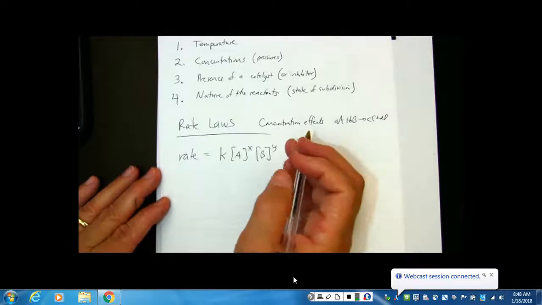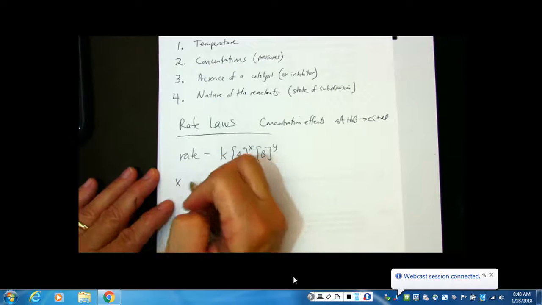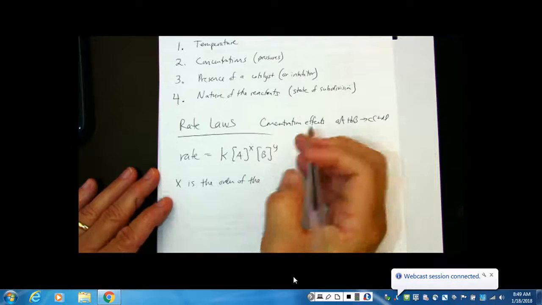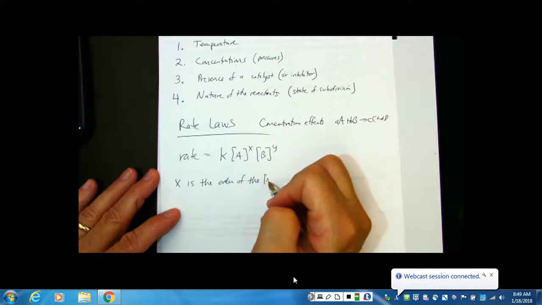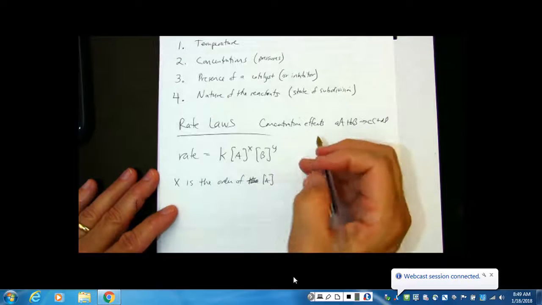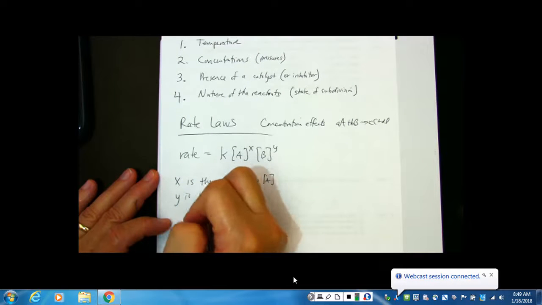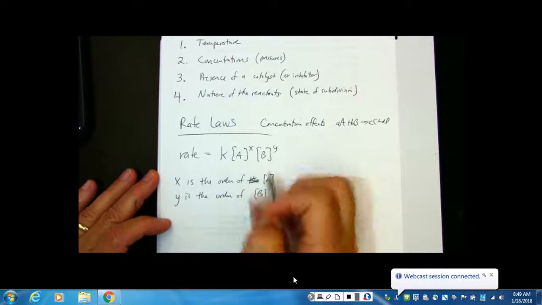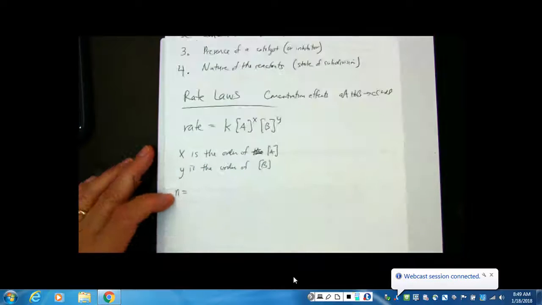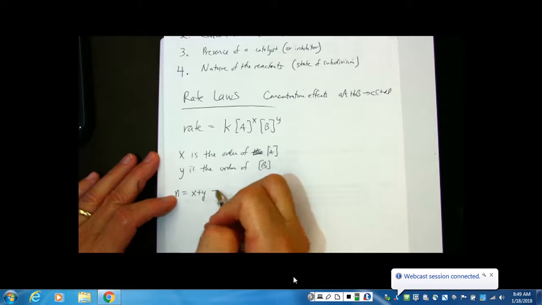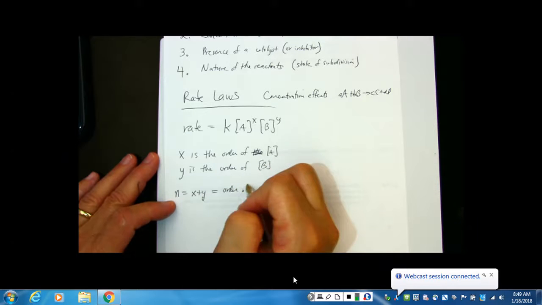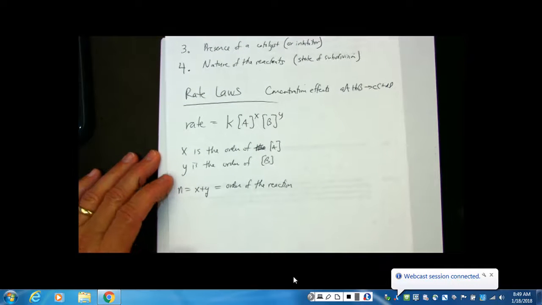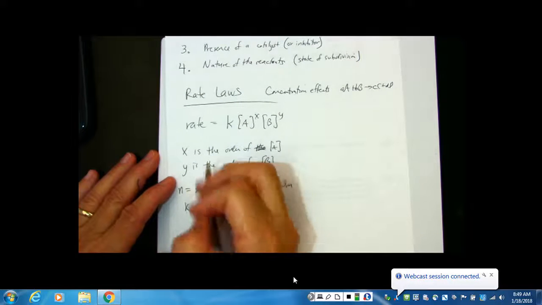So x is the order of A, y is the order of B, and n is the sum of x plus y, and that's called the order of the reaction. All right, k is called the rate constant.